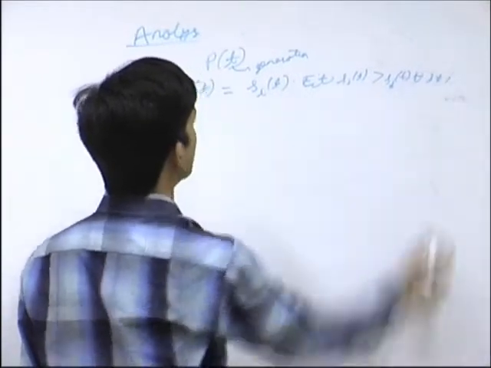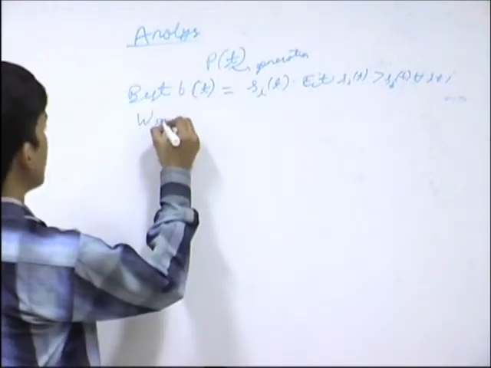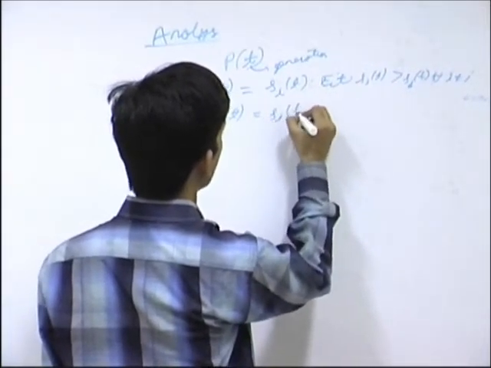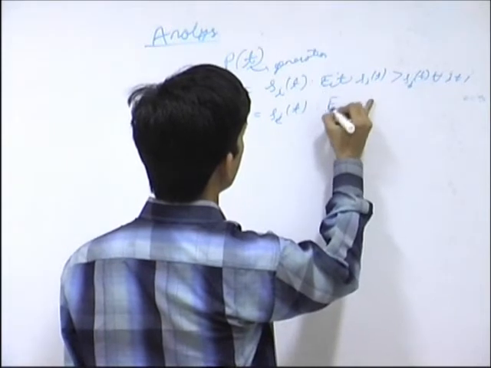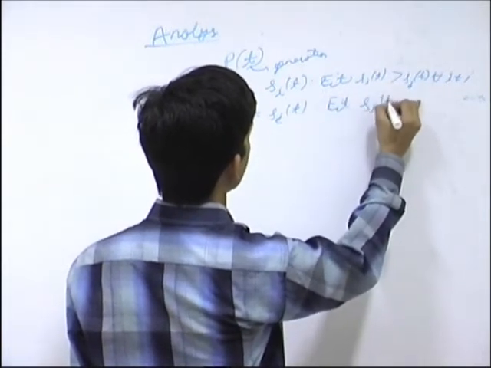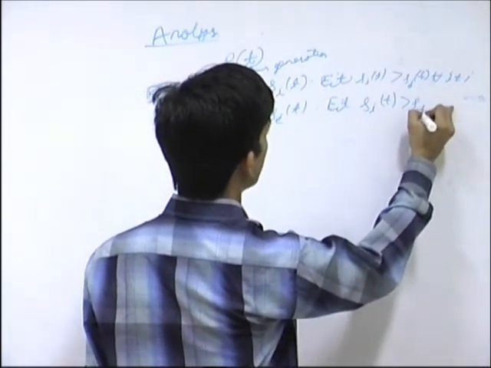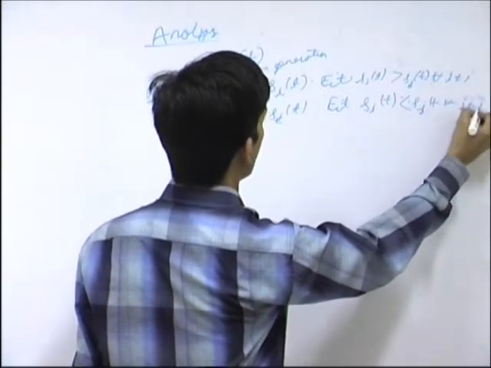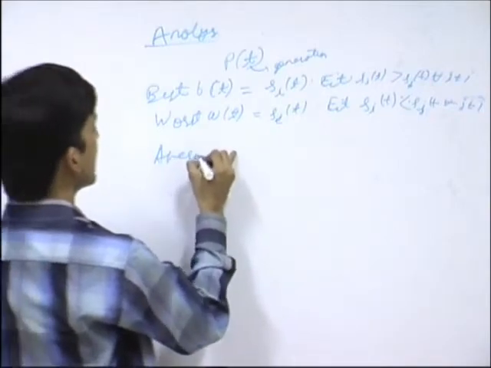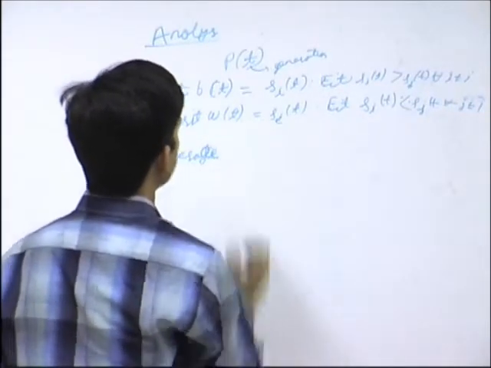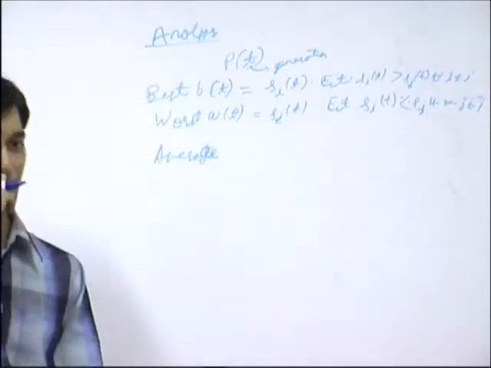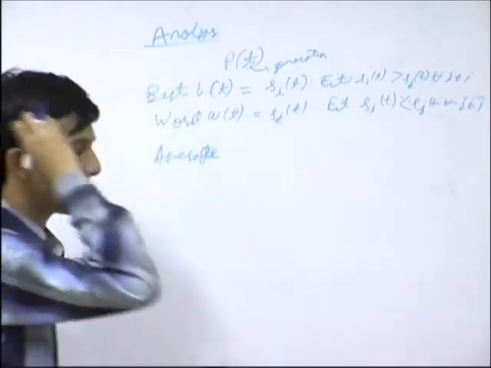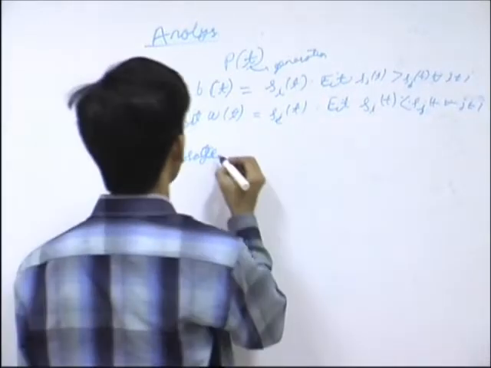not equal to I. I find out the worst individual, let's say W at any time T, that is equal to again an individual SI such that the fitness of SIT is less than that of SJT for all J not equal to I. I find out the average fitness, that is the mean position in the fitness landscape.